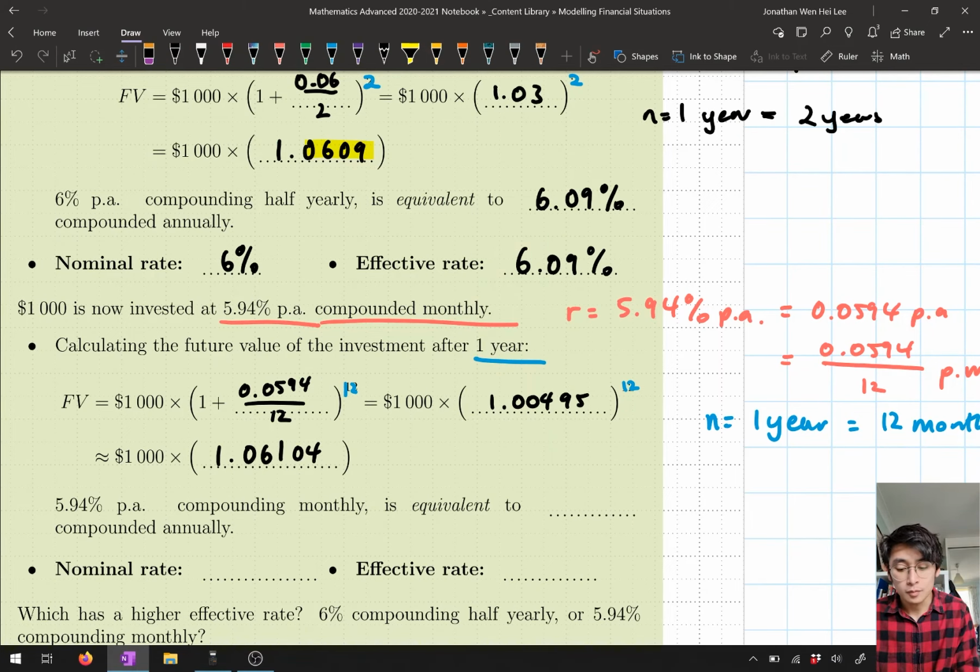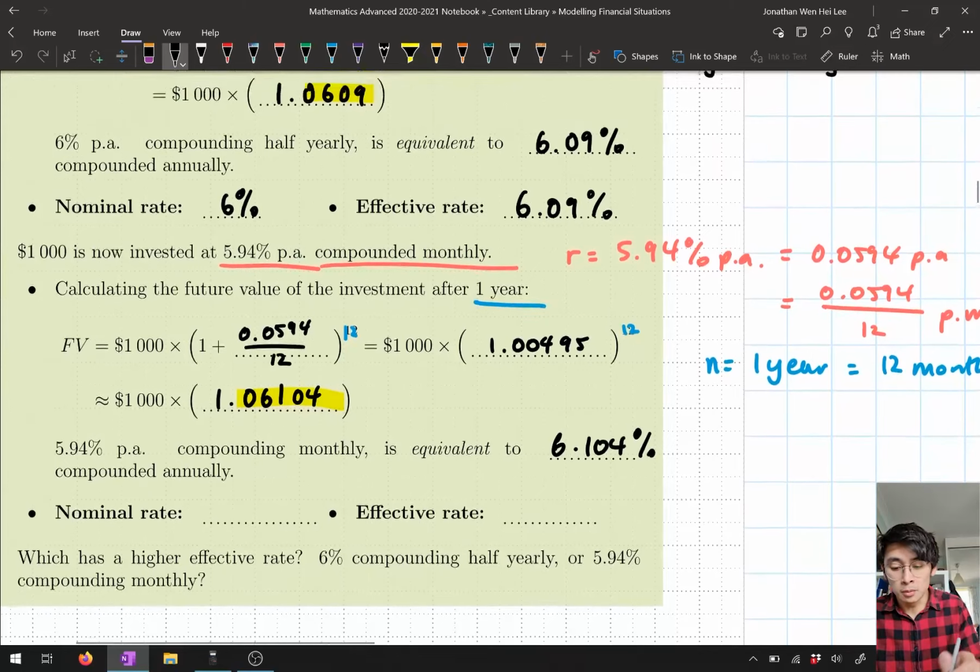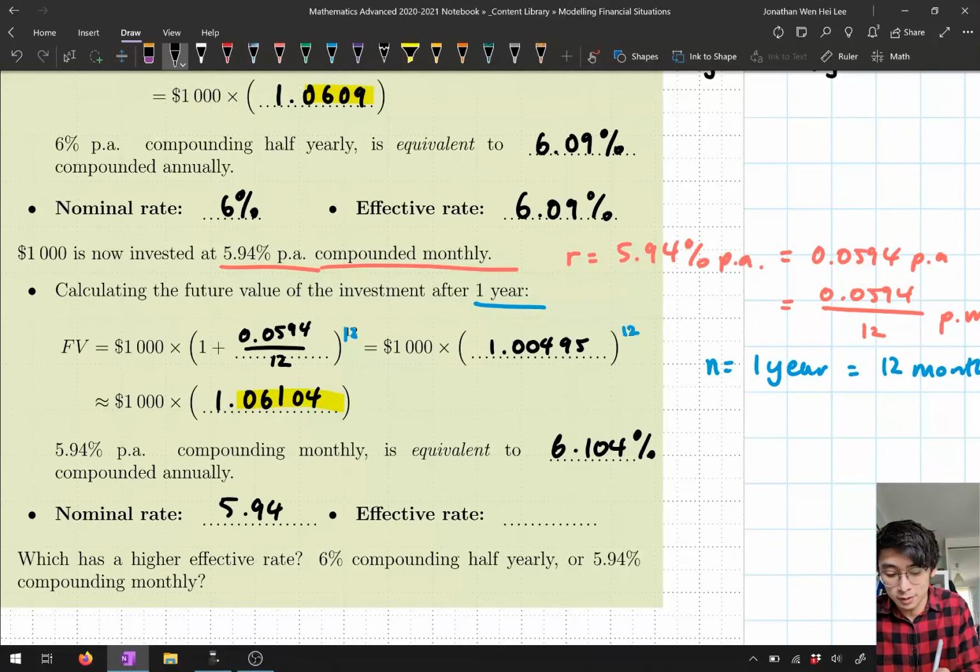So what this tells me is that investing at 5.94% per annum, compounding monthly, is equivalent to, reading that as a percentage, 6.104% per year. The nominal interest rate for this one was 5.94%, but because we were compounding monthly, the effective rate was 6.104%.